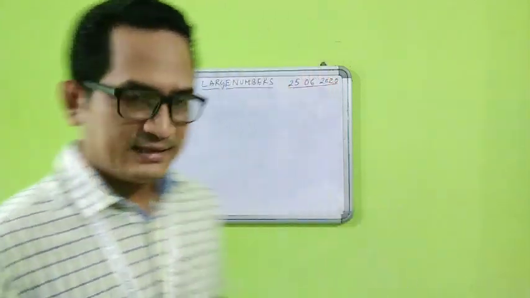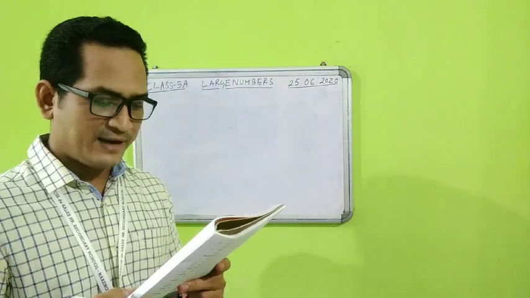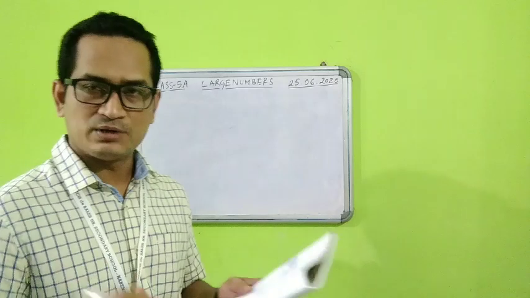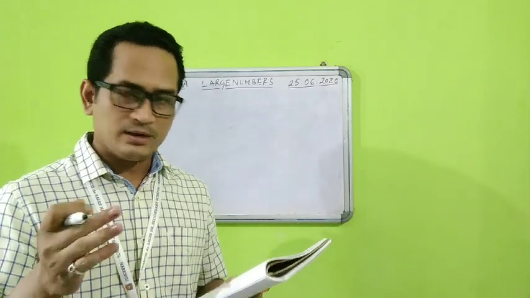In page number 36, you can see the recall part, where multiple choice questions are given in the first part. So that is question number 1. Let us start with that. Question number 1 says the number name of 55,05,820. I have already read out the name. Now you have to write down the name in words.